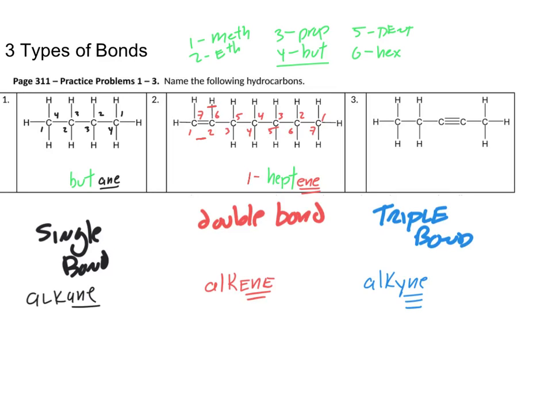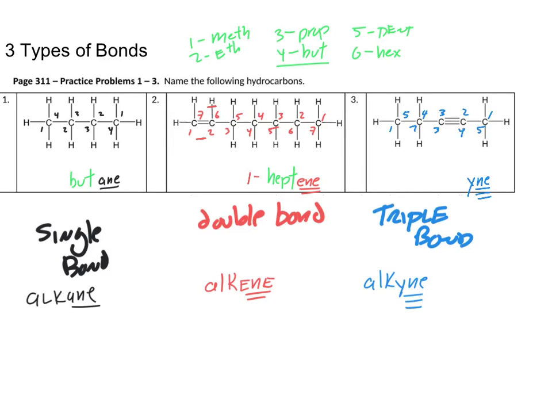Okay. And then the third type of compound that we're going to talk about is the triple bond. It's an alkyne. So I'm going to tell the world it's a triple bond by putting the yne ending. That tells me that it's a triple bond. I'm going to number my carbons 1, 2, 3, 4, 5.